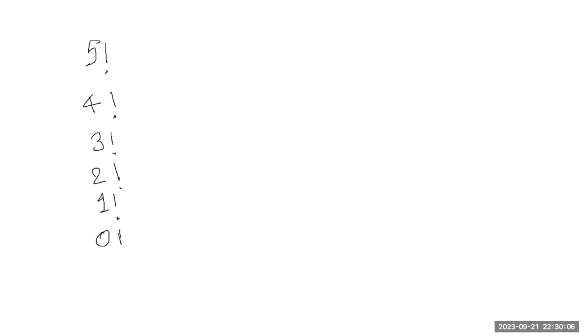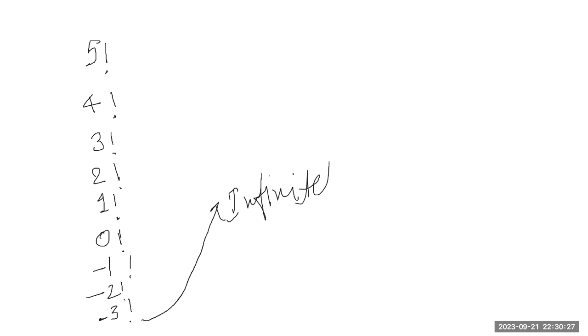This will say, give me minus 1 factorial. This will say, give me minus 2 factorial. This will say, give me minus 3 factorial. And this keeps on going infinitely.